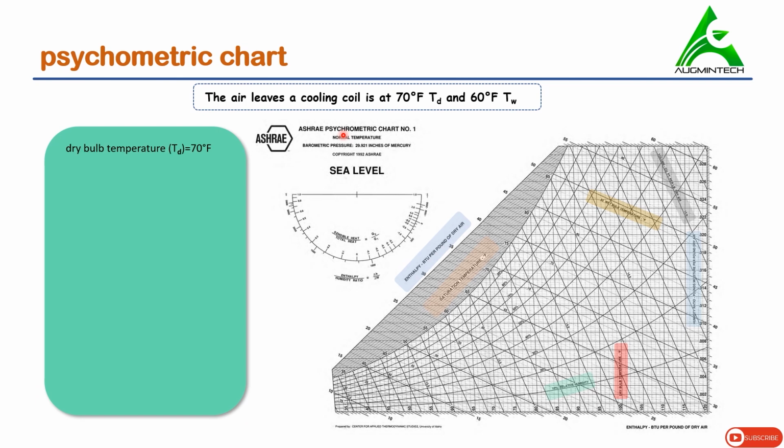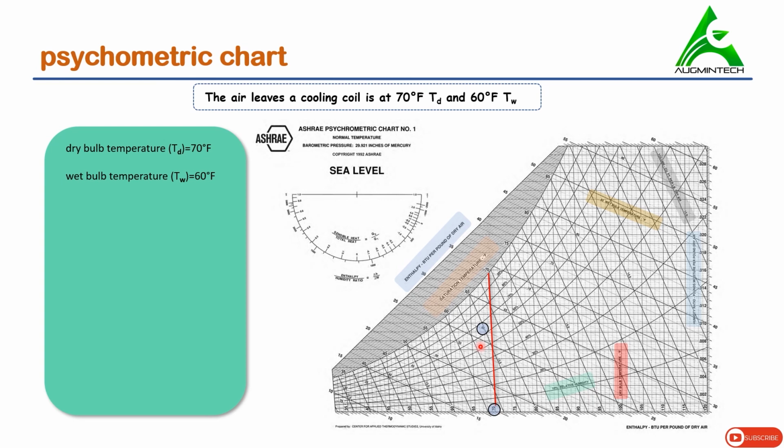So dry bulb temperature, as already mentioned, is 70°F. So we'll find the 70°F on the dry bulb temperature axis. And from here, we need to draw a dry bulb temperature line which is vertical. Next is to find the value of wet bulb temperature 60°F. So 60°F for wet bulb temperature lies over here.